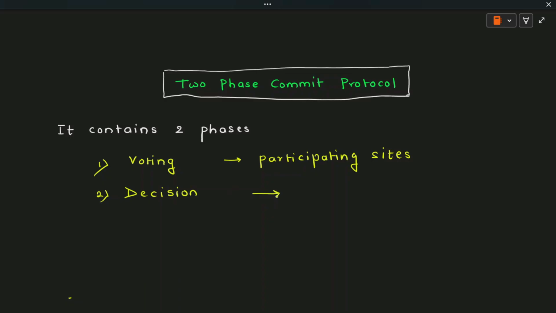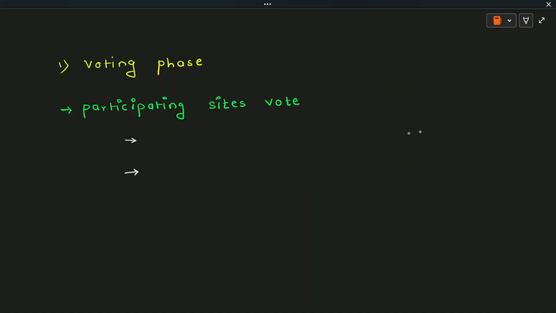This phase is normally executed at the coordinator site. Here one important point to note is that all the activities that happen during the transaction are kept or maintained in the log file. In the voting phase, participating sites vote for either committing the transaction or aborting the transaction.